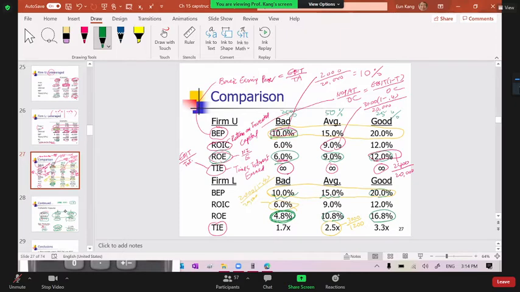So as long as you are profitable, in good times, borrowing really amplifies your return, so it's good. But the problem is in bad times, borrowing makes your company worse. That's a big problem. That's why borrowing is risky. Risky means, as I said, it's not bad or good. It just means more fluctuation.